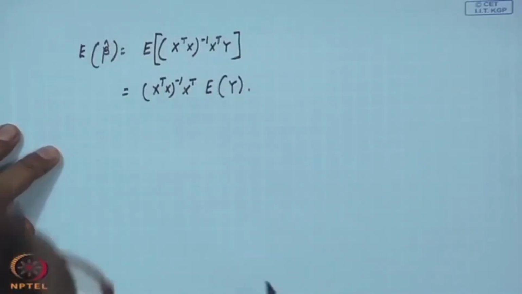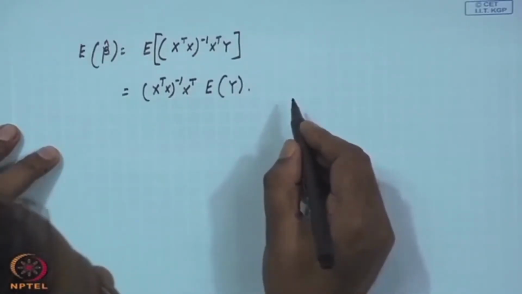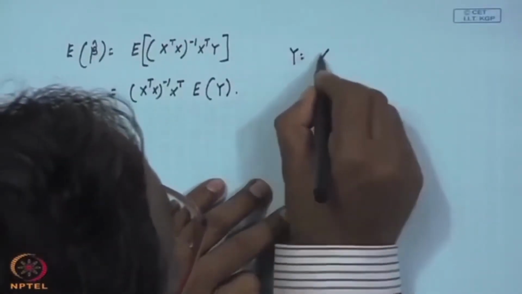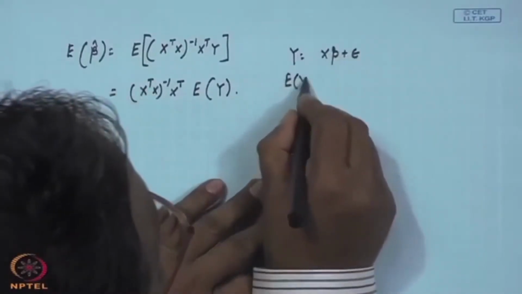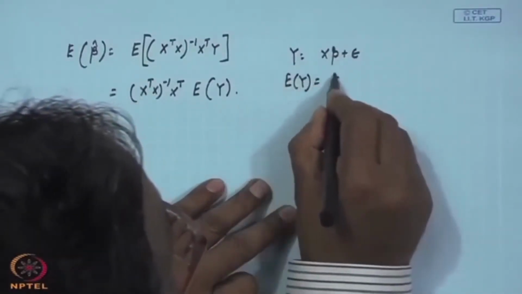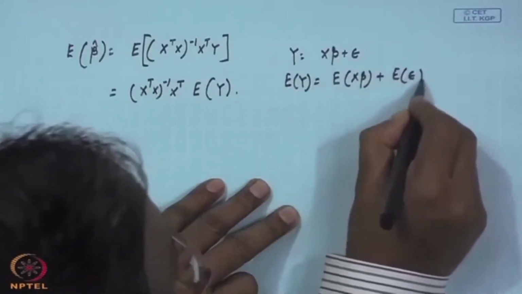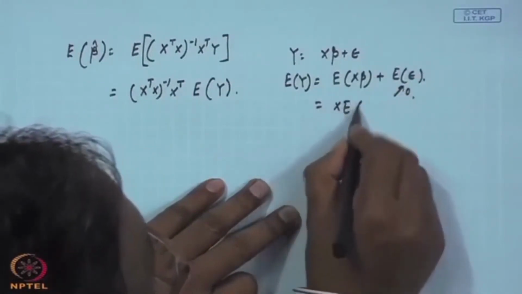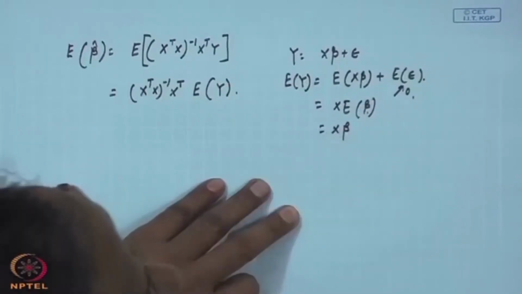Now all of you know what is the expected value of y. Suppose y is x beta plus epsilon. Then the expected value of y is expected value of x beta plus expected value of epsilon, and this is 0. So this one is x, expected value of beta, beta is constant, so it is x beta.